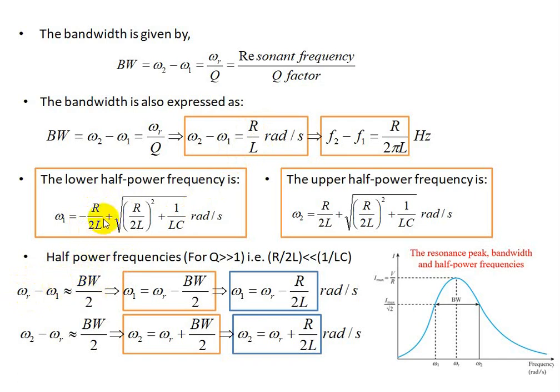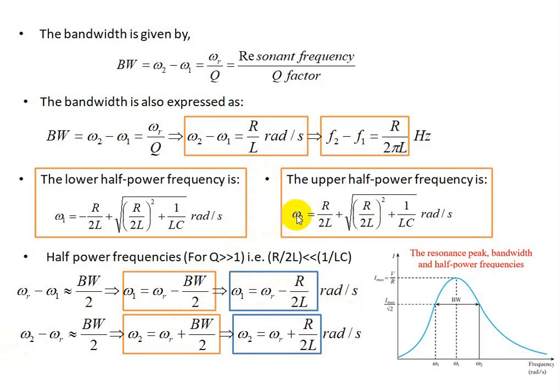Therefore this equation can be written as omega R minus omega 1 equal to bandwidth divided by 2. Further, we can write omega 1 as omega R minus bandwidth divided by 2. If we replace the bandwidth by R by L, we get omega 1 equal to omega R minus R by 2L radians per second.